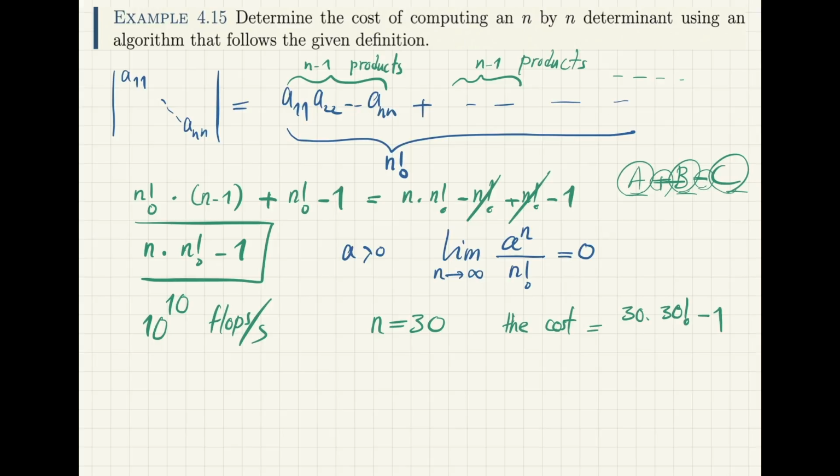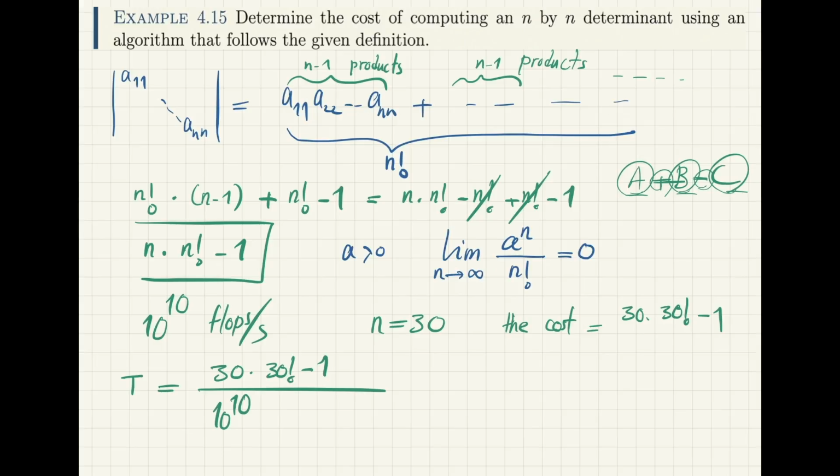Let us see how long it will take for a normal PC to calculate a 30 by 30 determinant, roughly, of course. What would be the time? The time that will pass is 30 times 30 factorial minus 1, then I divide this by 10 to the power of 10.